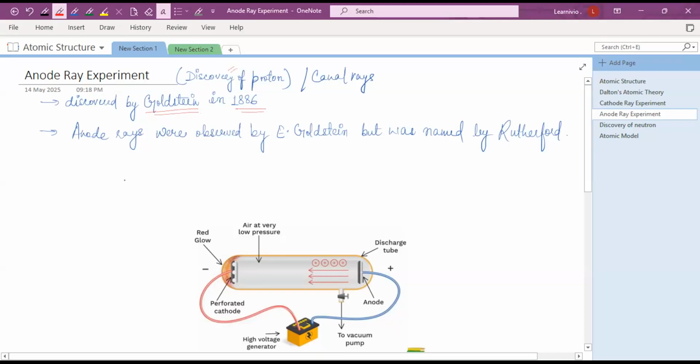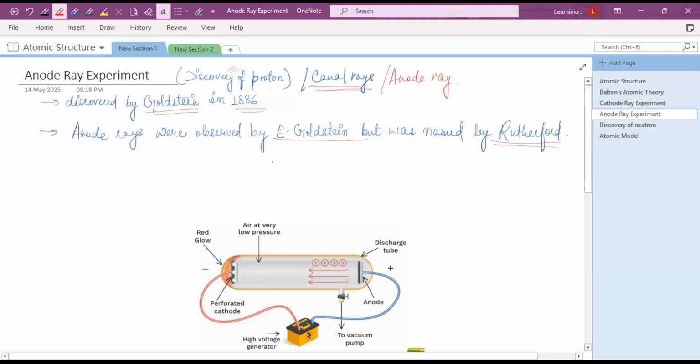By this experiment, he discovered the proton, which is also known as positive particles, and also known as canal rays or anode rays. So just remember that anode rays were observed by E. Goldstein, but were named by Rutherford, right?